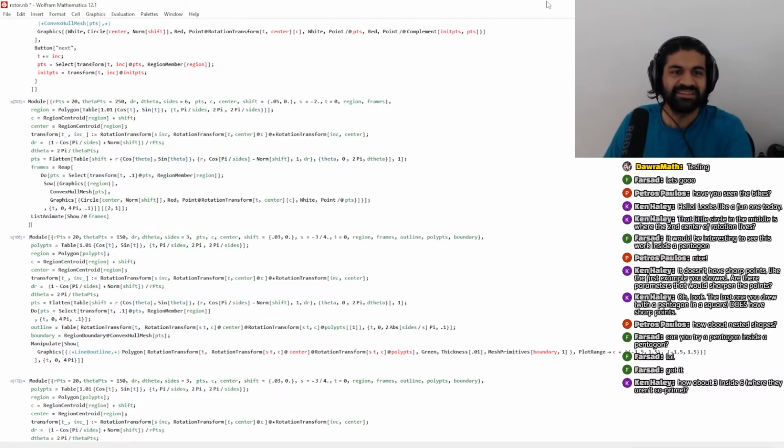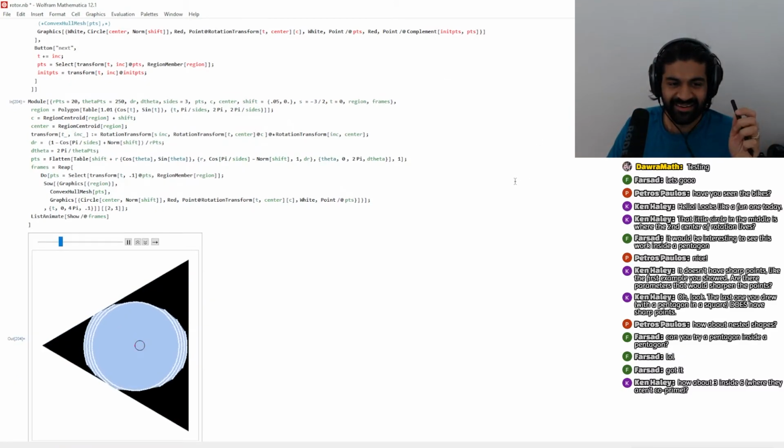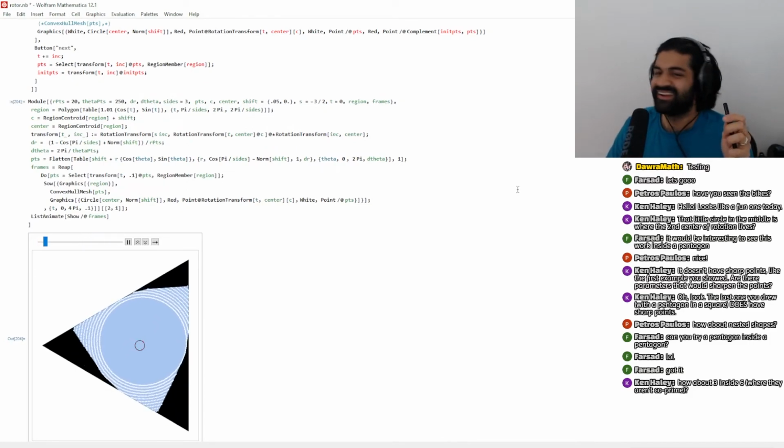So let's just do one with a triangle really quick, because I think triangles are fun. Let's do -3/2. It turns out you get an oval if you do this inside a triangle. Just kind of neat, right?